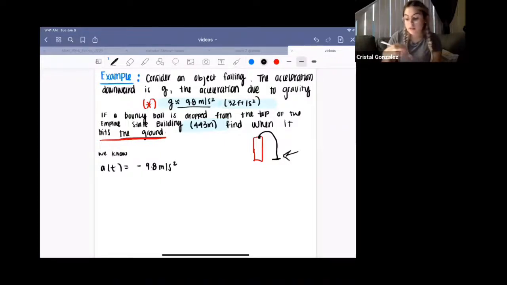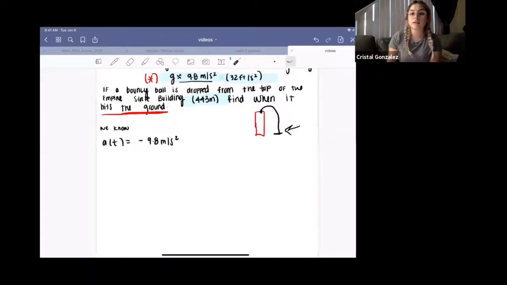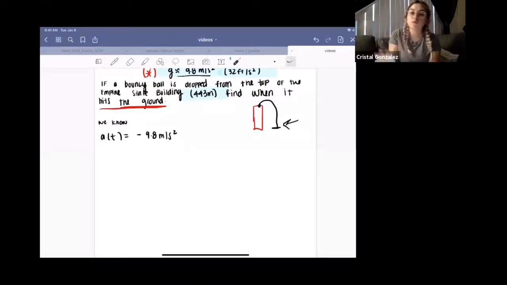The reason I'm using the 9.8 is because in the problem, they gave me the height in meters, so might as well just keep that in meters. I gave you this so that you have help in your homework depending on the problem that is given to you, because you might use one versus the other.